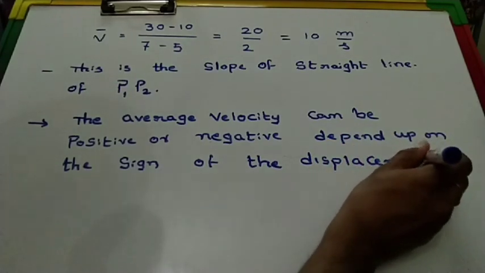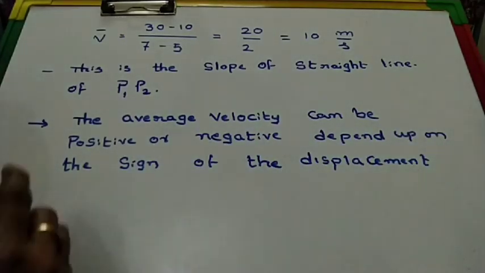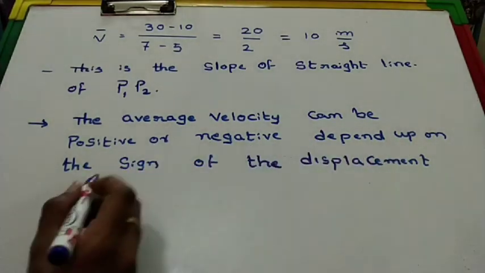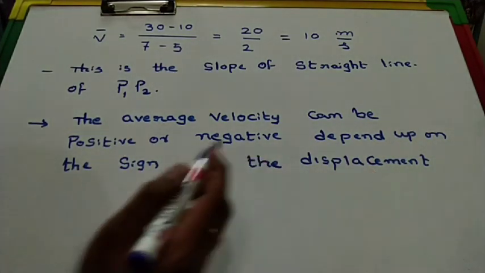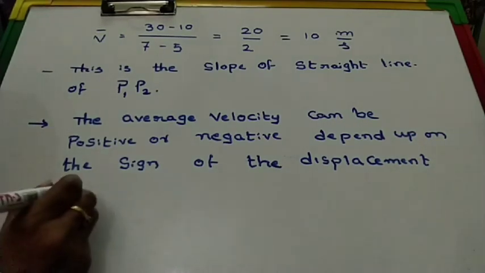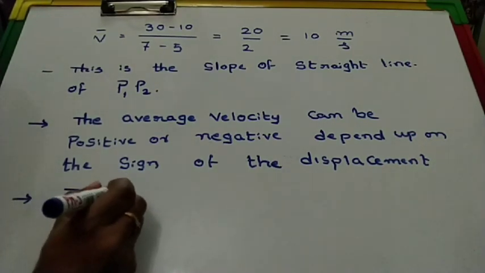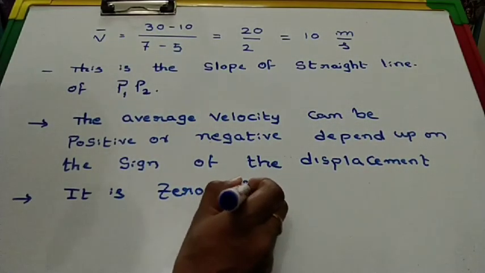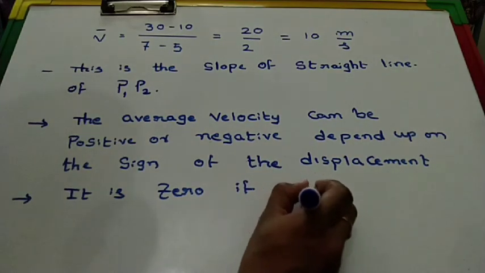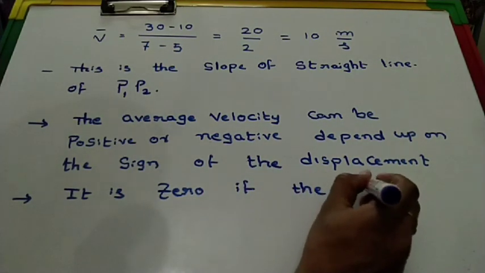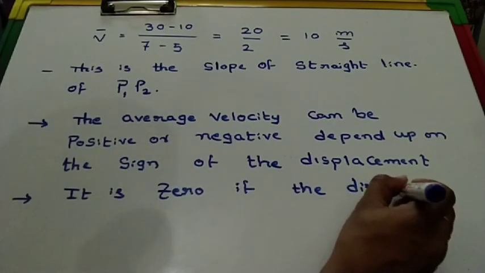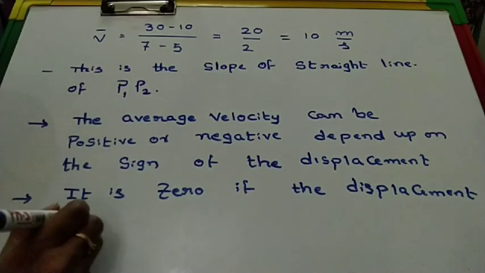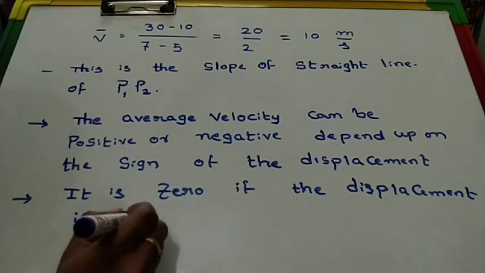Once again I am repeating, the average velocity can be positive or negative, depending upon the sign of the displacement. It is 0 if the displacement is 0.